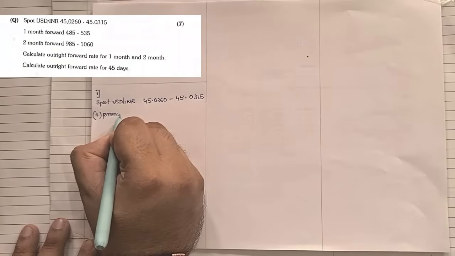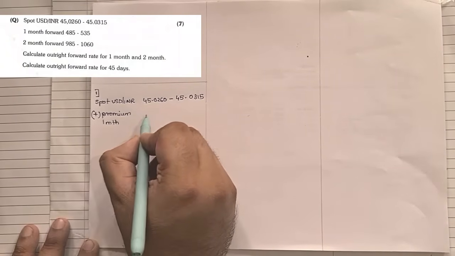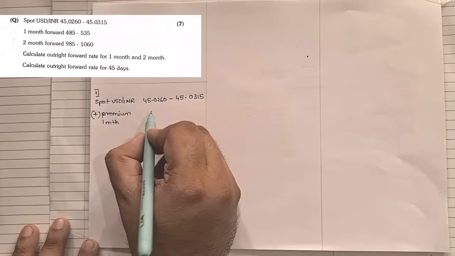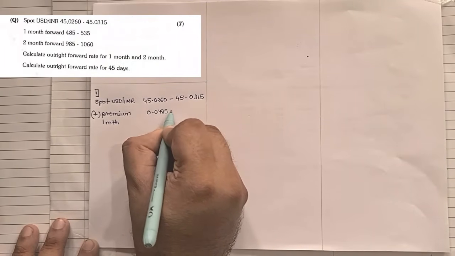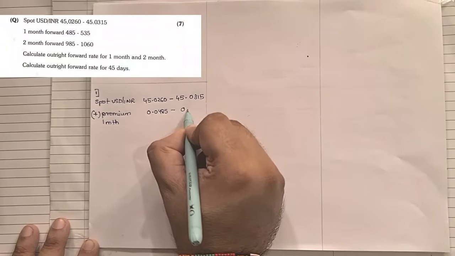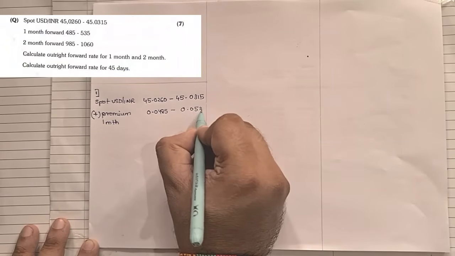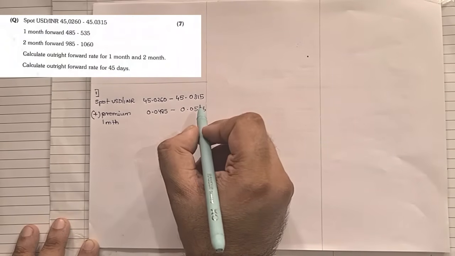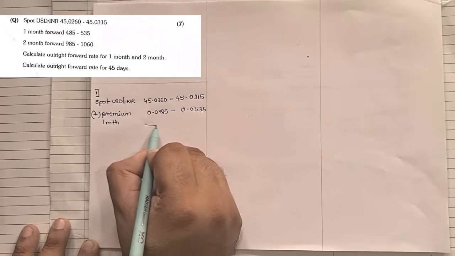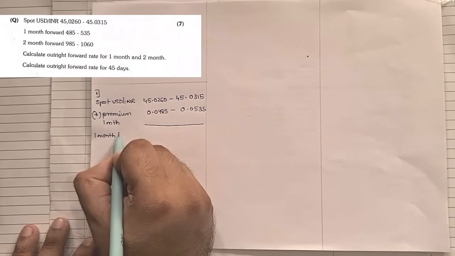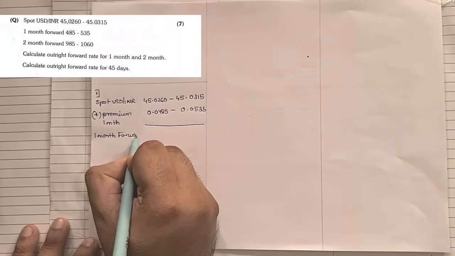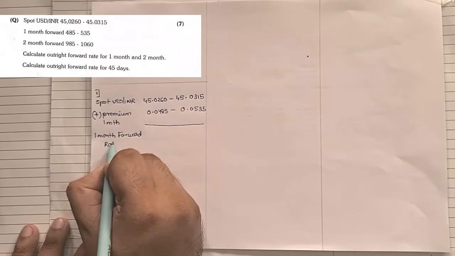premium of 1 month. Now it is given as 485, which is nothing but 0.0485, and on the other side it will be 0.0535. We will add these up and I will get my 1 month forward rate.